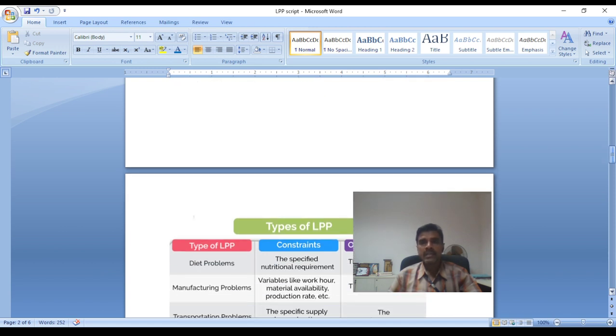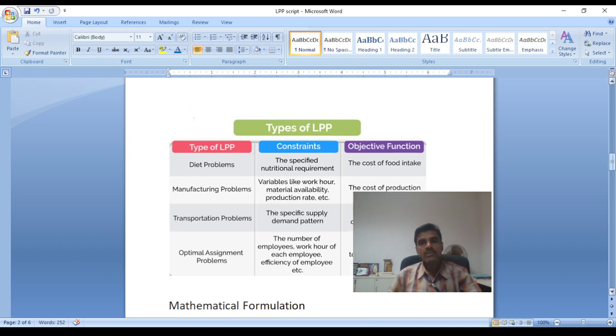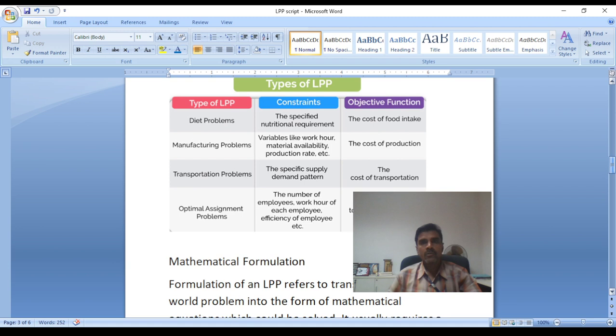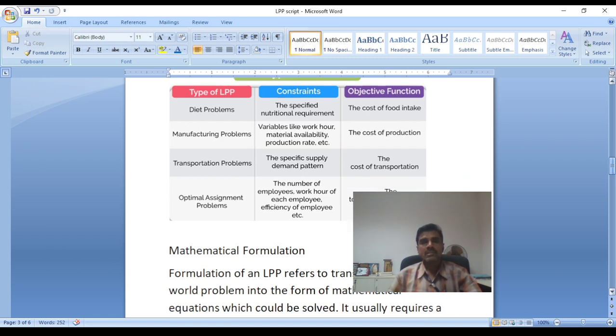A problem is taken and we have to formulate it into a mathematical model so that it will be helpful for solving the problem. What type of problems do we normally encounter in linear programming? Normally a diet problem, a manufacturing problem, a transportation problem, or an optimal assignment problem. We will see them one by one later when we come across all these problems.